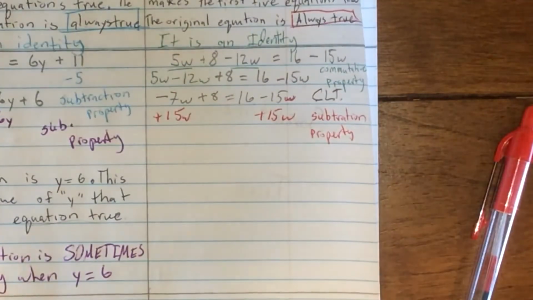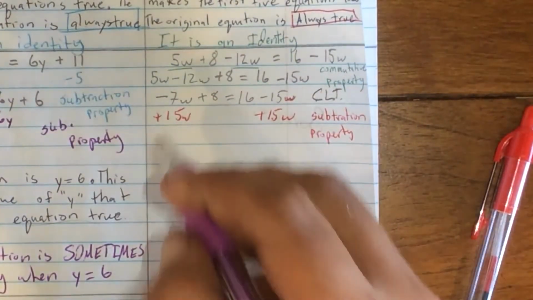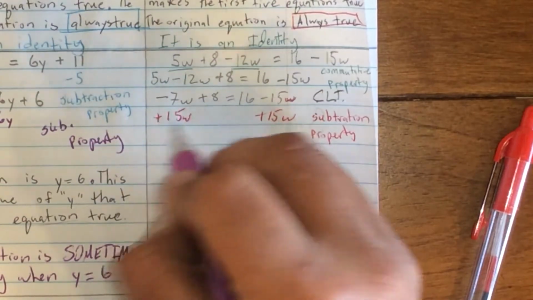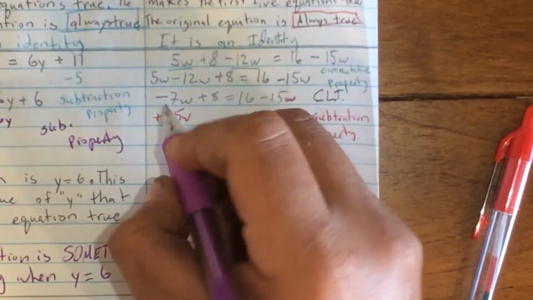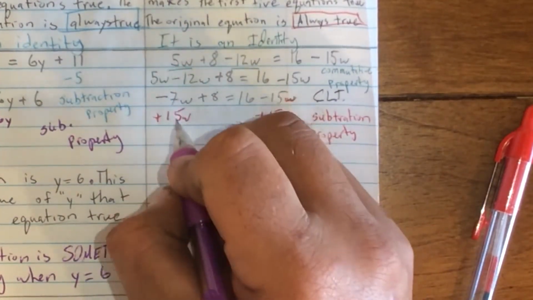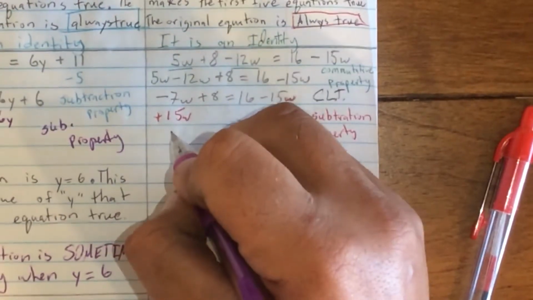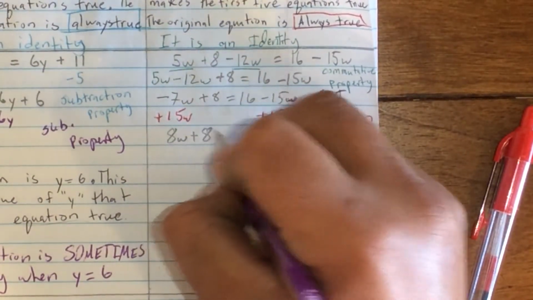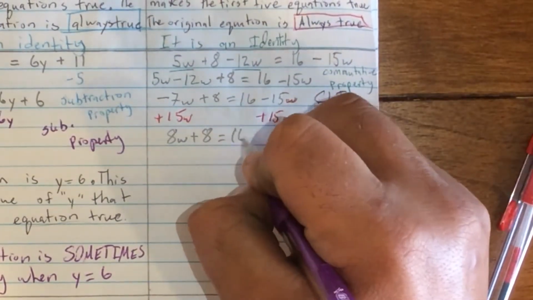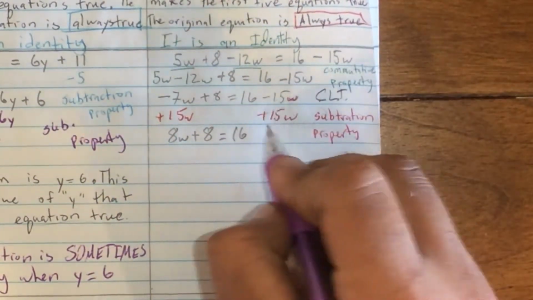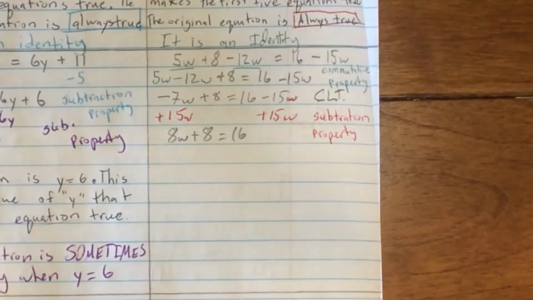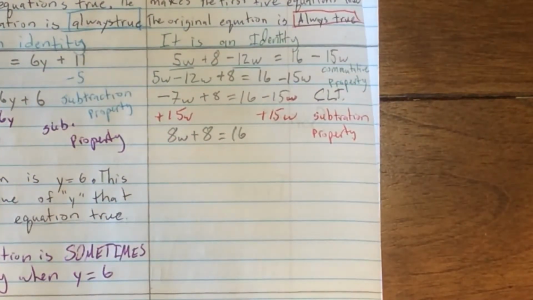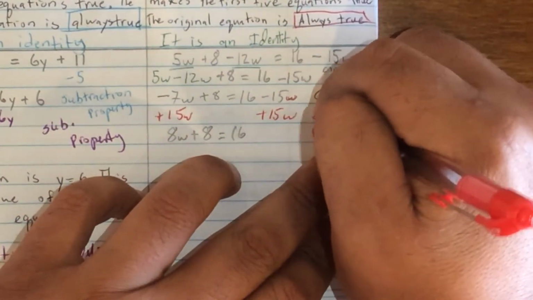Okay, so this ends up giving us, if I owe $7 and then I have 15, that means left over I have 8w plus 8 is equal to 16, and our negative 15 plus 15 is 0, so that's good. So now I'm going to use my subtraction property. Oh, bollocks, as they say in Britain.